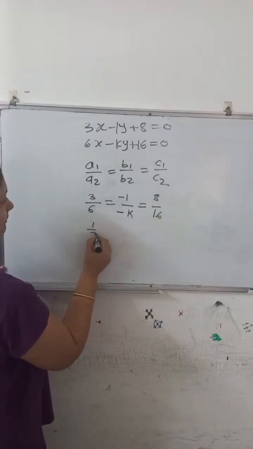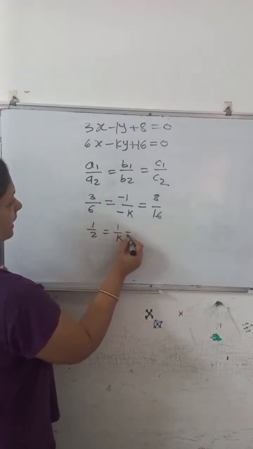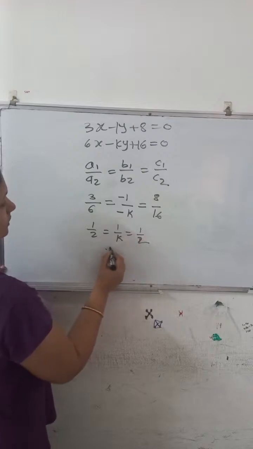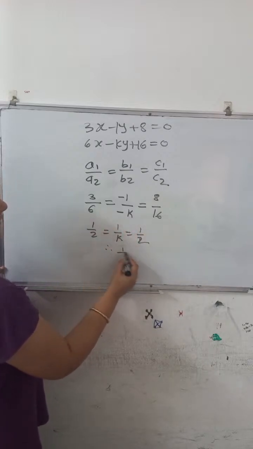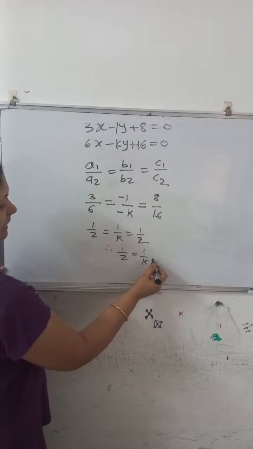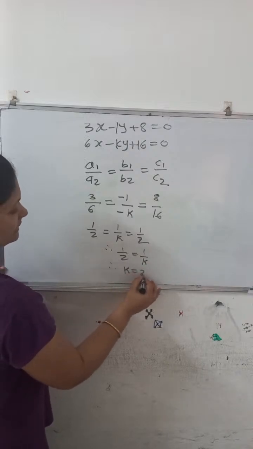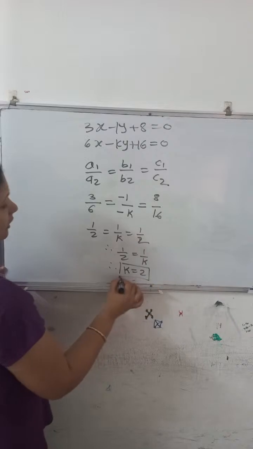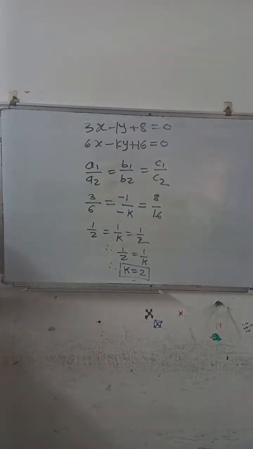So this will become 1 by 2, 1 by k, and this is also 1 by 2. So you can take any pair. If I take 1 by 2 is equal to 1 by k, therefore k is equal to 2. Just take the reciprocal or cross multiplication, you will get the value of k is nothing but 2.